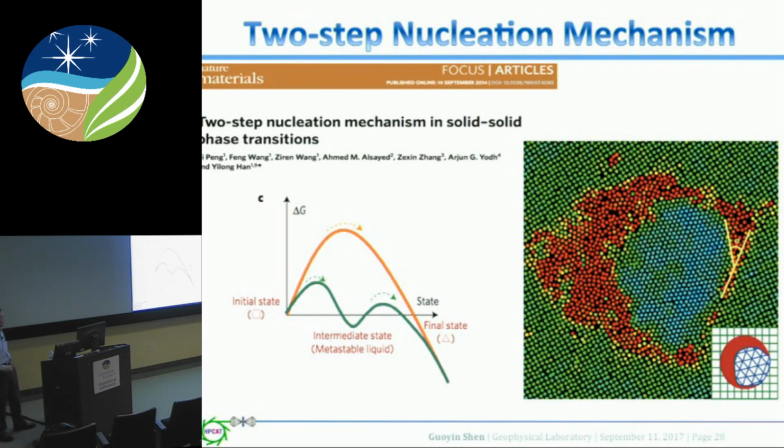The marked red area is the liquid state that they observed. So they call the nucleation two steps. One is the breakdown of the square, and the system becomes a metastable liquid. And then the final state grows from that liquid state.